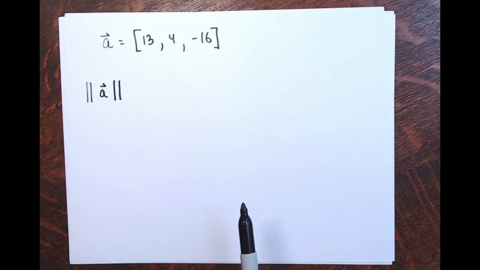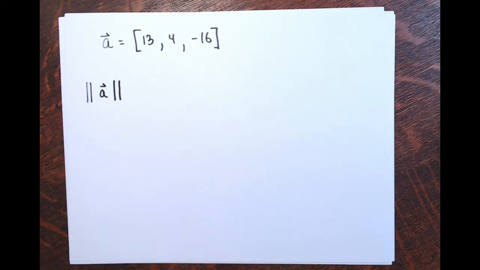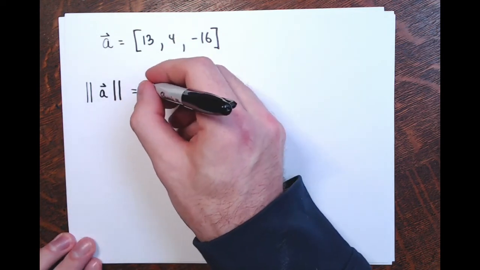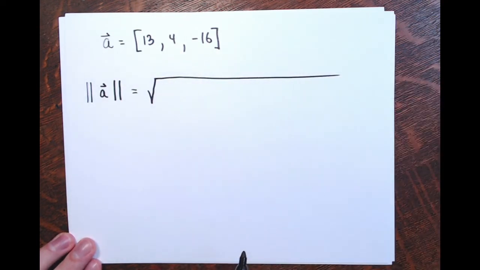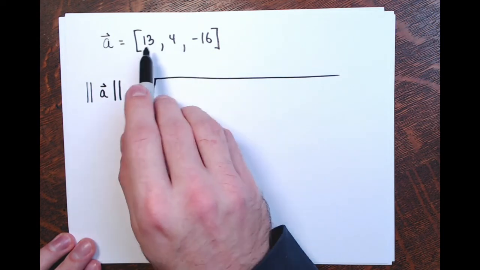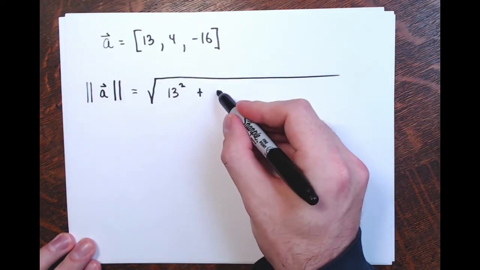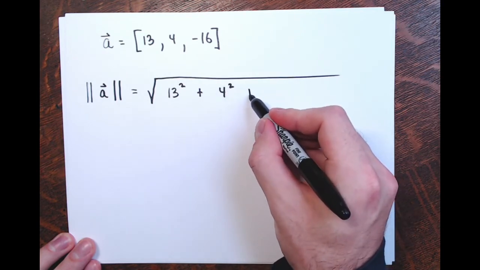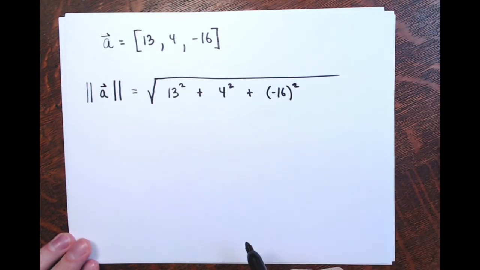We're asked to find the magnitude, or the length, of this vector. How far is this motion? Again, it's very simple. Just make a big square root of the sum of the squares of the components. So 13 squared plus 4 squared plus negative 16 squared.